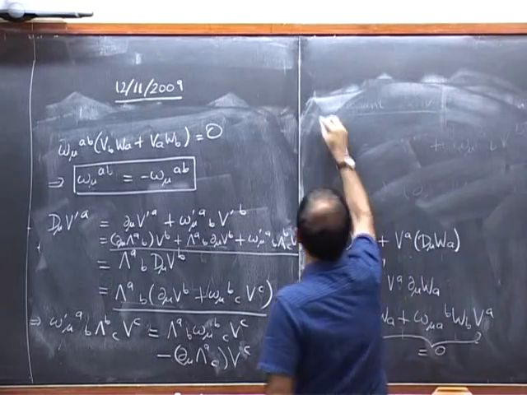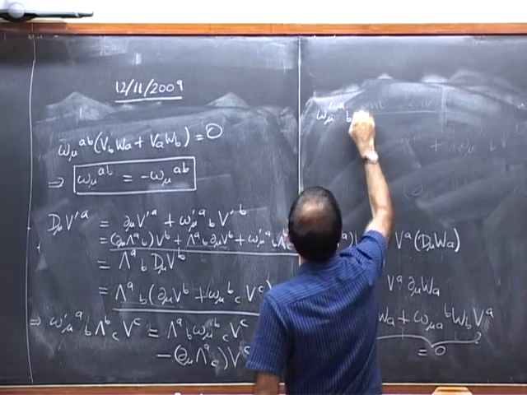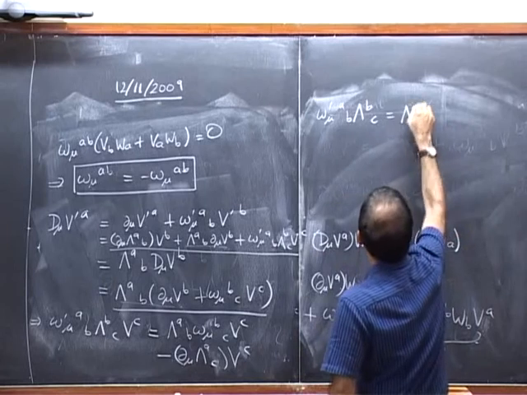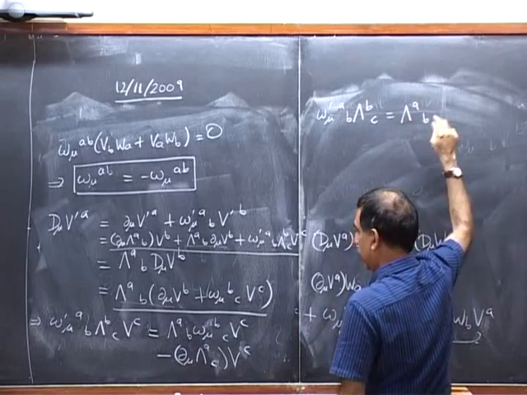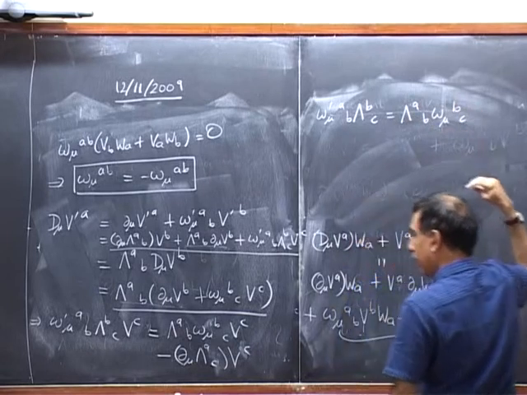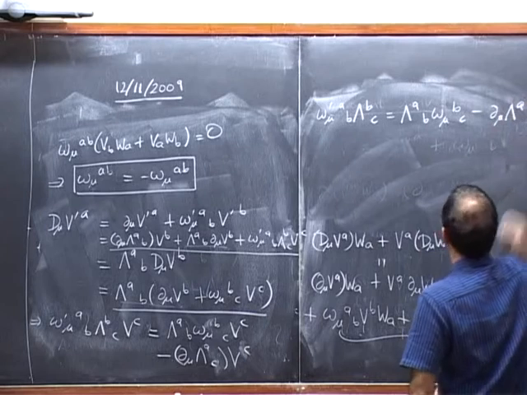So we learn that omega'_mu^a_b lambda^b_c is equal to lambda^a_b omega_mu^b_c minus d_mu lambda^a_c.